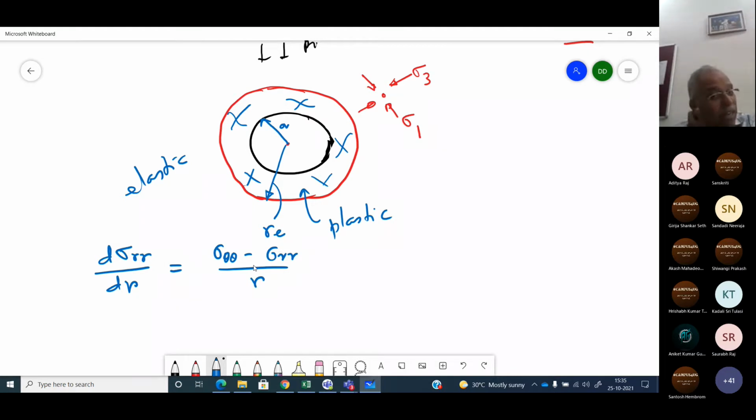If you are thinking from where this equation has come, this is equation number 4.70, and I am telling you the page number also.